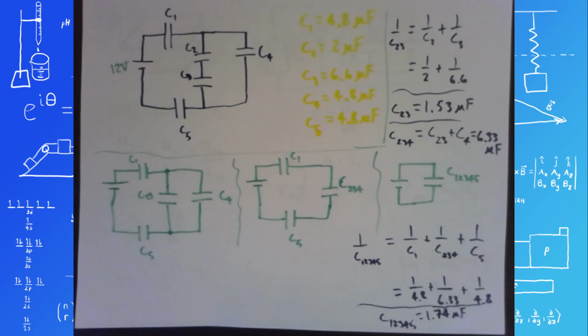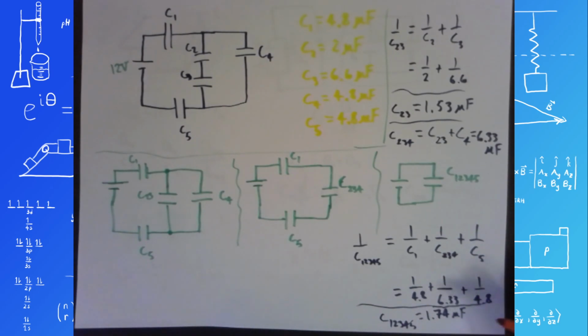Okay, from here we can start working in reverse to figure out the charges and voltages on each of our capacitors. So first, let me figure out what the total charge is.